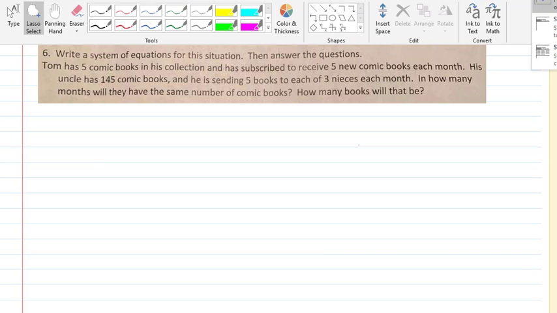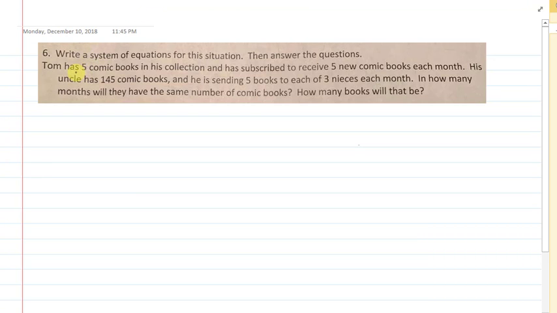All right. So we have this interesting question, which states that we should write a system of equations for this situation and then answer the questions. First, Tom has 5 comic books in his collection, and he has subscribed to receive 5 new comic books each month.